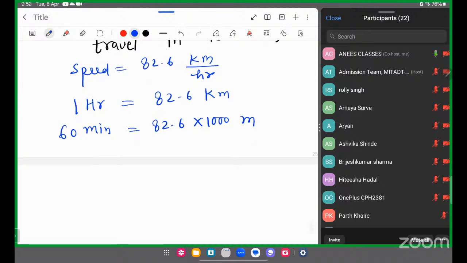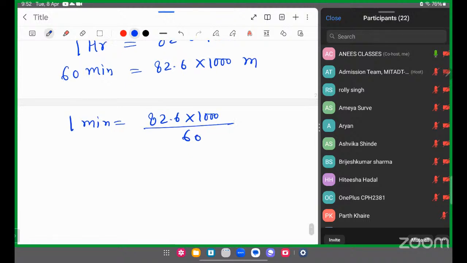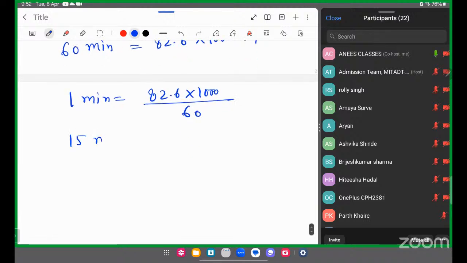This much. What will be for 1 minute? This will be 82.6 into 1000 divided by 60. And we are given with 15 minutes. So for 15 minutes, answer will be 82.6 into 1000 divided by 60 into 15, sorry.